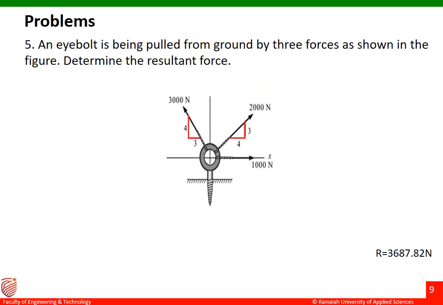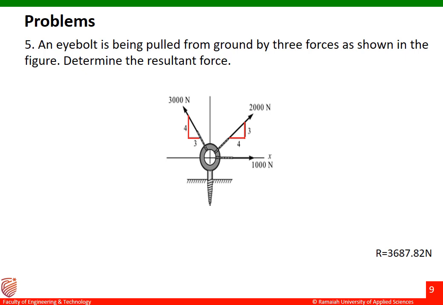Problem number 5. An eye bolt is pulled from the ground by three forces as shown in the figure. Determine the resultant force. You can see there are three forces. The first one is 1000 Newton, acting exactly along the horizontal axis. Then there is a 2000 Newton force, inclined and lying in the first quadrant.